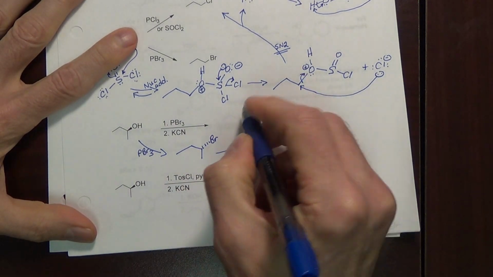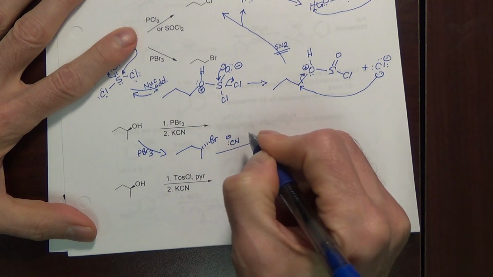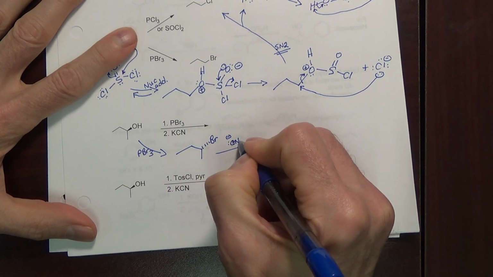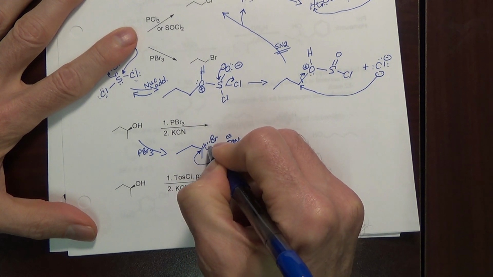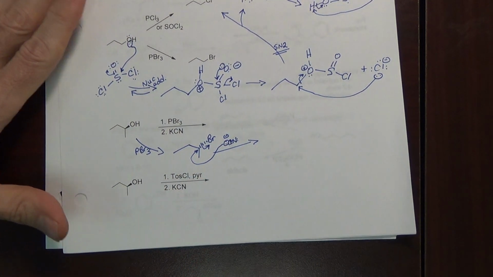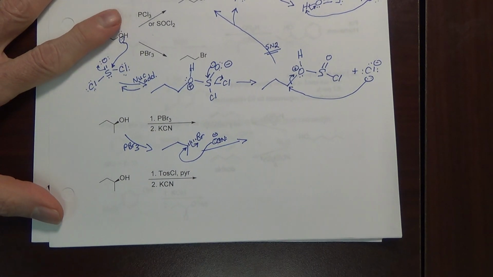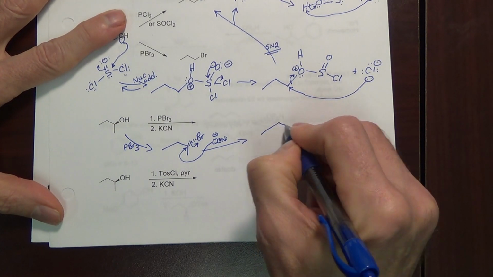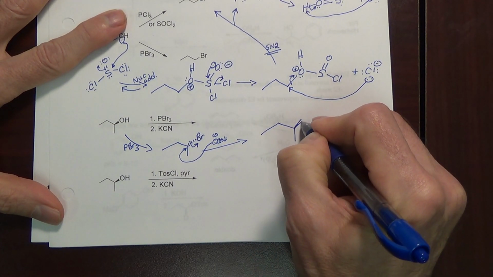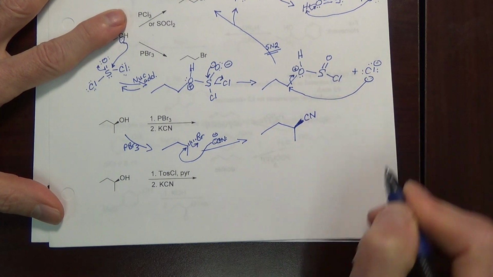Then if we come in here with potassium cyanide, let's draw full structure there. To kick off the bromine that we put on there, we're going to get back to forward bond with the cyano group.